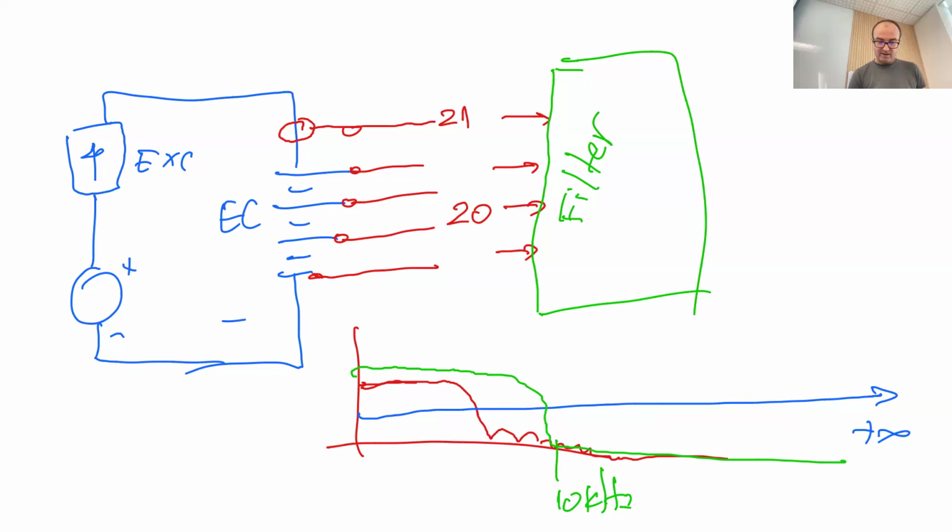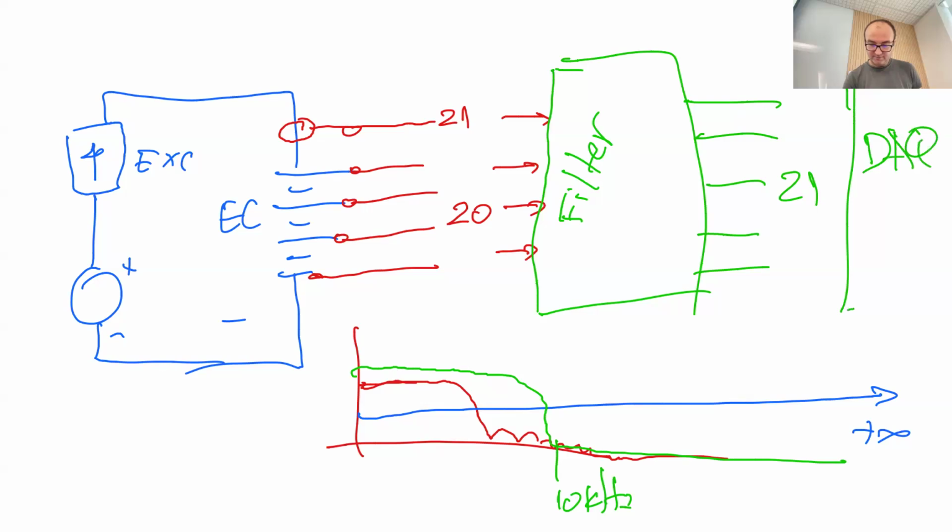Then we put these filtered signals, 21 of them, into the data acquisition system that we set, and we sample at 20 kilohertz. In such a way, we can ensure that the things that we measured on the EC part will be recreatable when we come to the PC.